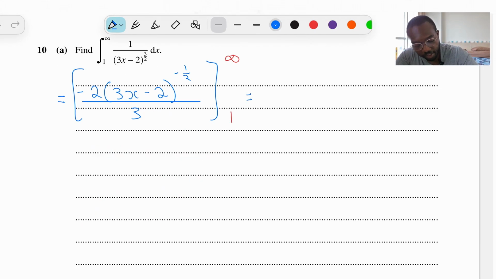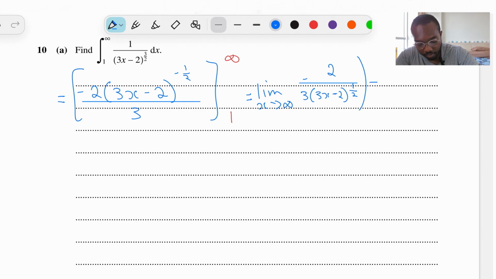So if we think about that, that would be the limit as x tends to infinity of minus 2 over 3 times the 3x minus 2 to the power of a half, so I'm bringing the 3x minus 2 back to the bottom now, and then that is minus the 1.